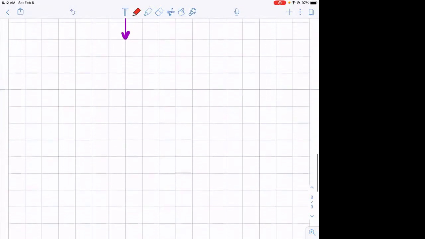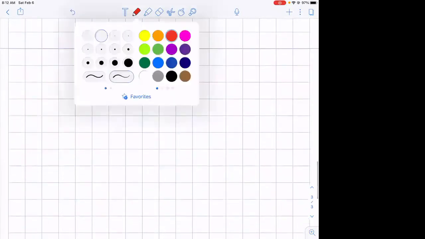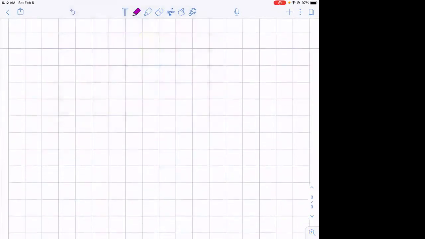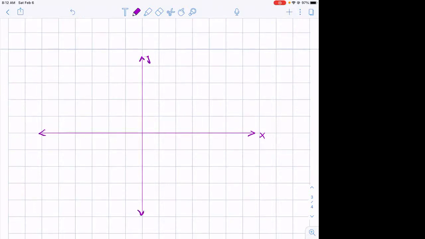But now I'm going to try to draw one where we have the numbers. So let's redraw the XY axis. And 1 unit each.